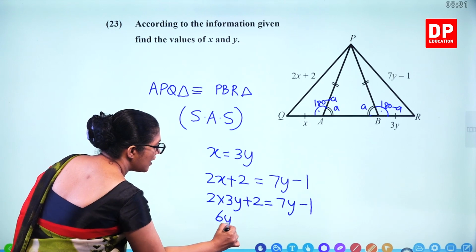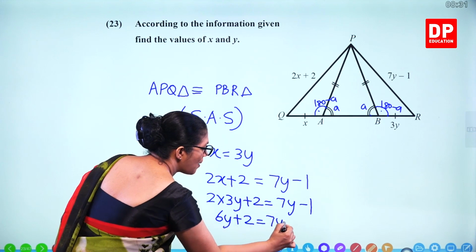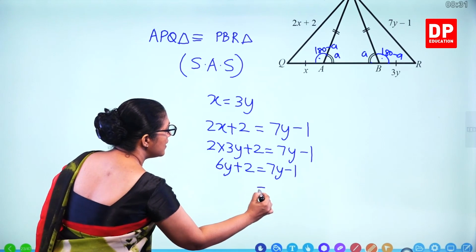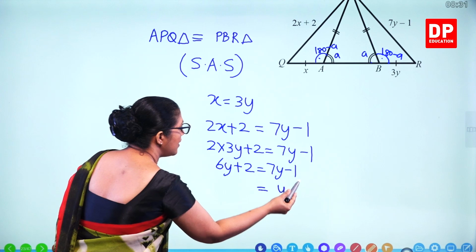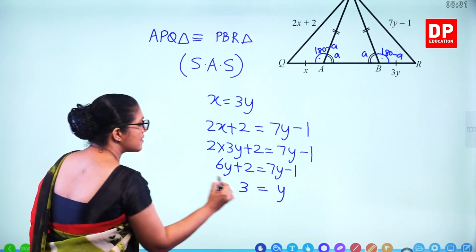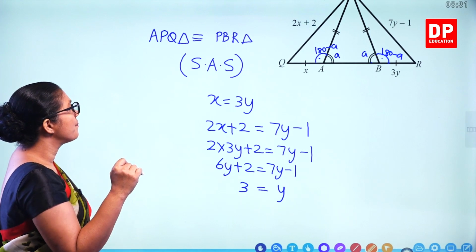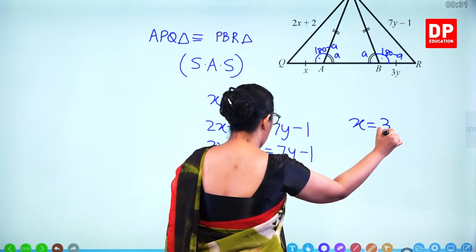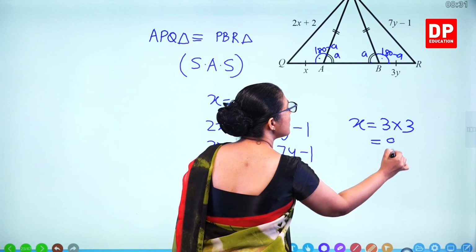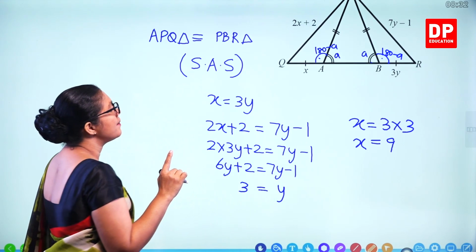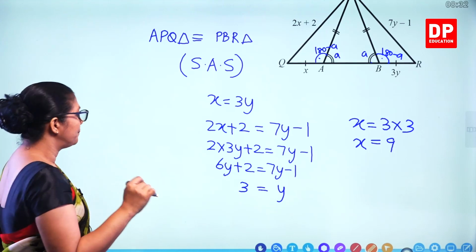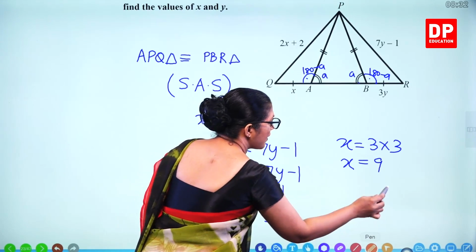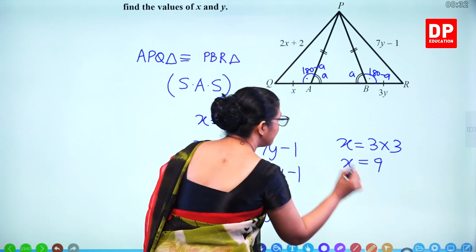So 6y plus 2 becomes 7y minus 1. Now take all y terms to one side. You get 1y. Take minus 1 to this side, that's 3. So y becomes 3. If y is 3, what is x? x becomes 3 times y, 3 times 3, that's 9. So x is 9, y equals 3. So those are the two values for this triangle. So 2 marks for that.